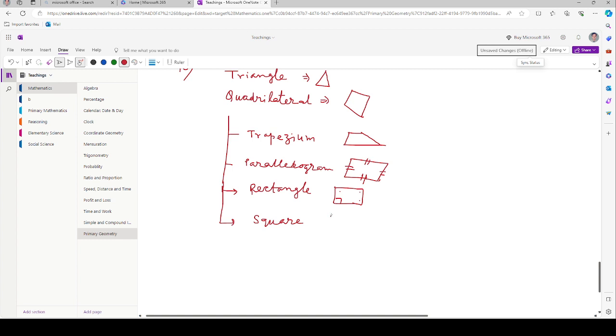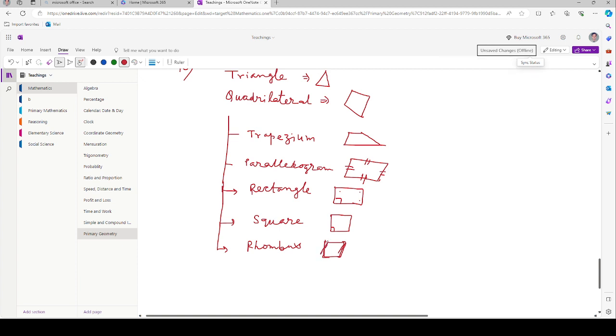A rectangle which has all sides equal is a square. When a square has no right angle, then this is known as rhombus. Rhombus has all sides equal, but it has no right angle.